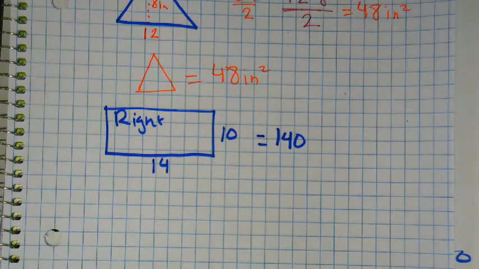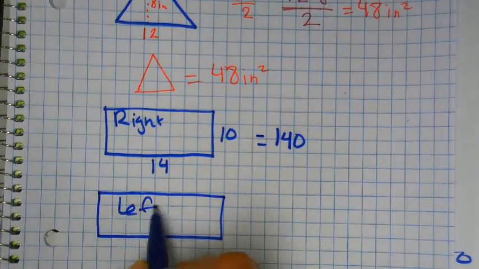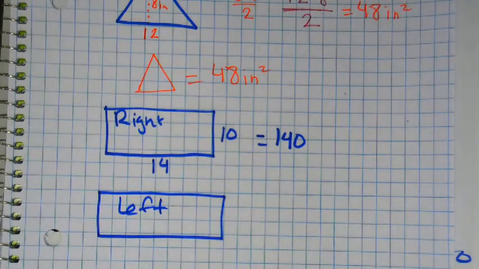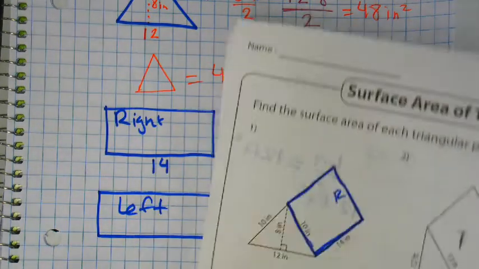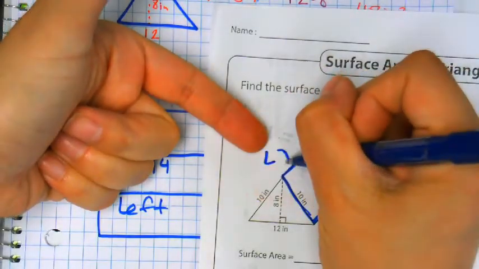Okay, now let's do the left side. So this one you need to put it in your brain and visualize it, turn it. Turn the triangular prism. What would be the measurements of the left side that you don't see over here? This is the left side, like over here, but you don't see it.